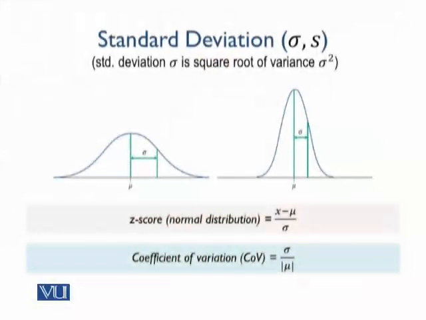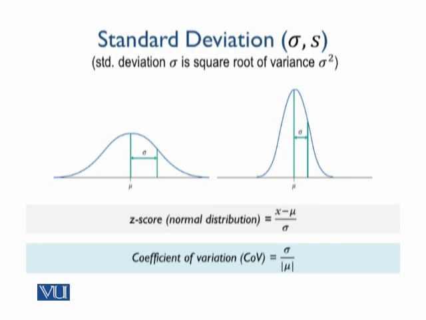Standard deviation is very important in parametric statistics because normal distribution has some very nice properties. Knowing just the mean value and the standard deviation, we can predict a lot about the population. So for that, we actually use a measure called the z-score, which informs us, for a particular value, how far away it is from the center in terms of standard deviation.